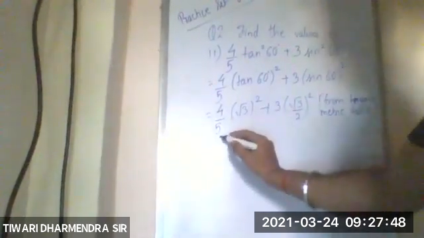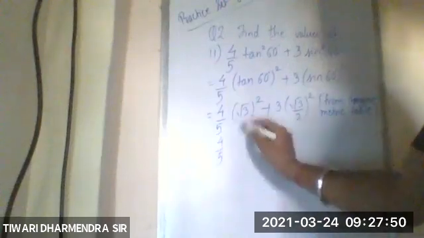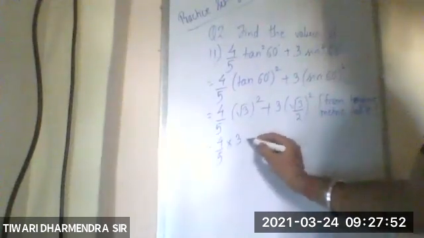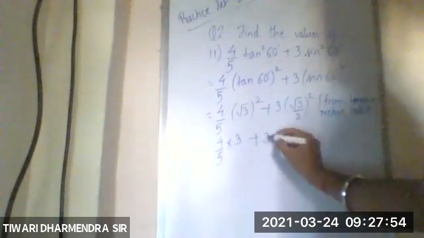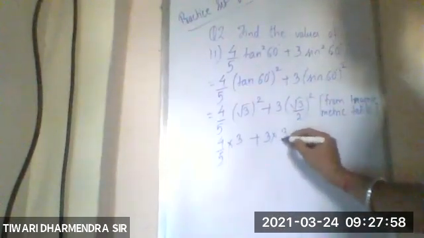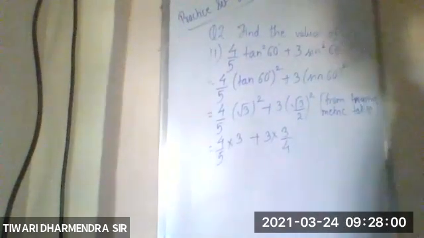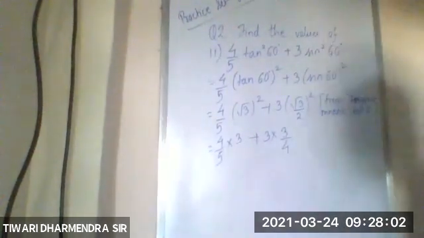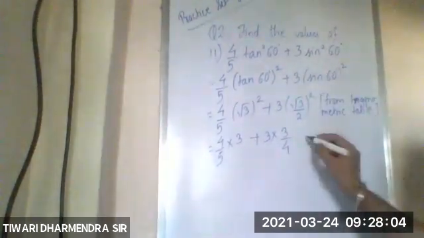Yeah, I'll just do the calculation. 4 by 5, root 3 square is 3, plus 3 into root 3 square over 2 square. So root 3 square is 3 upon 2 square is 4. Hope you have understood this calculation.